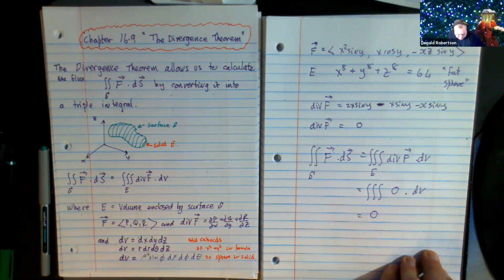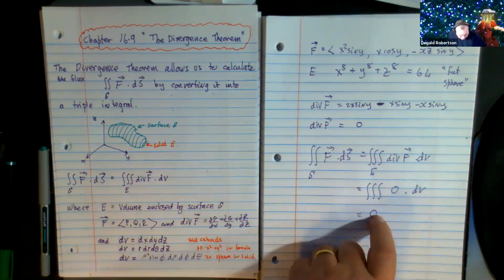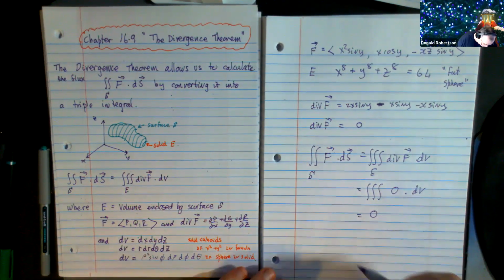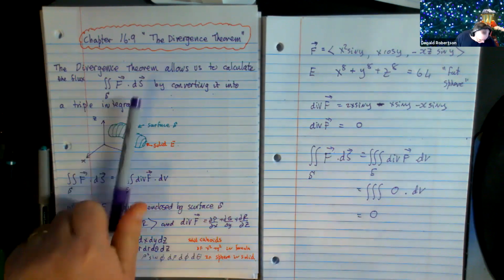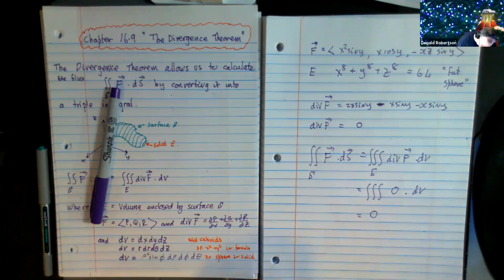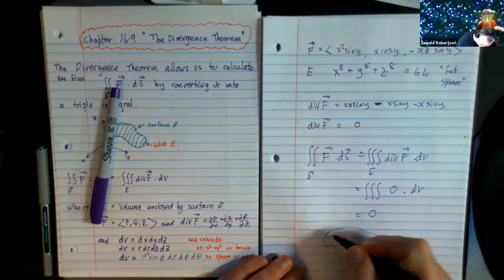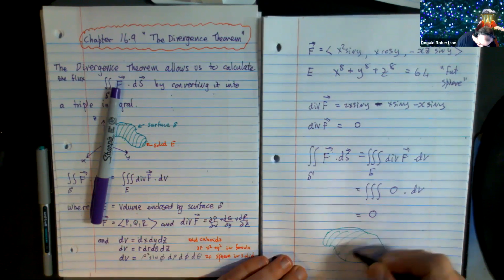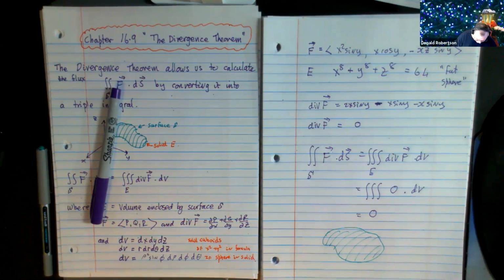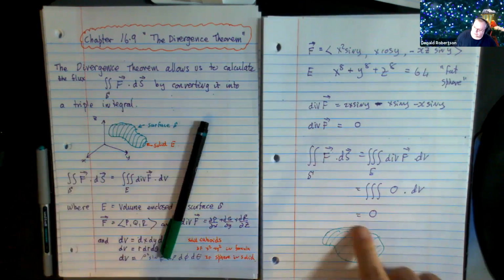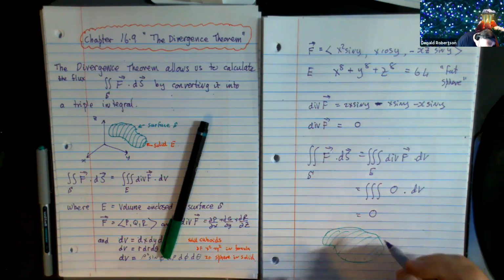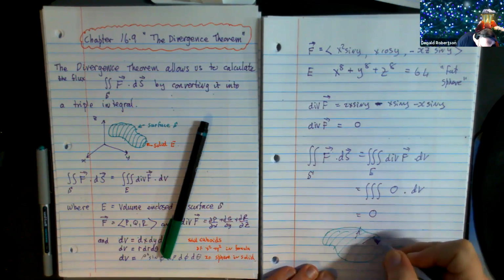So I'm trying to think of, if the flux is 0, I'm just trying to visualize what the heck that would be. So I know this isn't the shape, but just in general, if the flux is 0, and we're talking about the surface of this shape, you've got your vector function F, right?